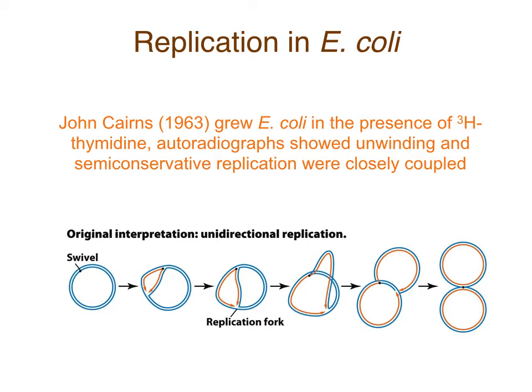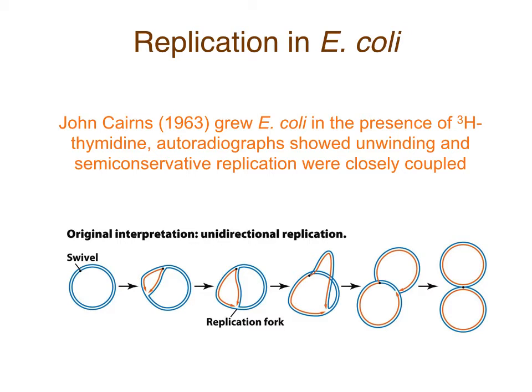Potentially, we could have replication starting at one place. We could have replication starting at two places, at three places, at multiple places. And so researchers in the 1960s were addressing this question. One researcher, John Cairns, grew E. coli in the presence of heavy hydrogen, thymidine, one of the base pairs, right?